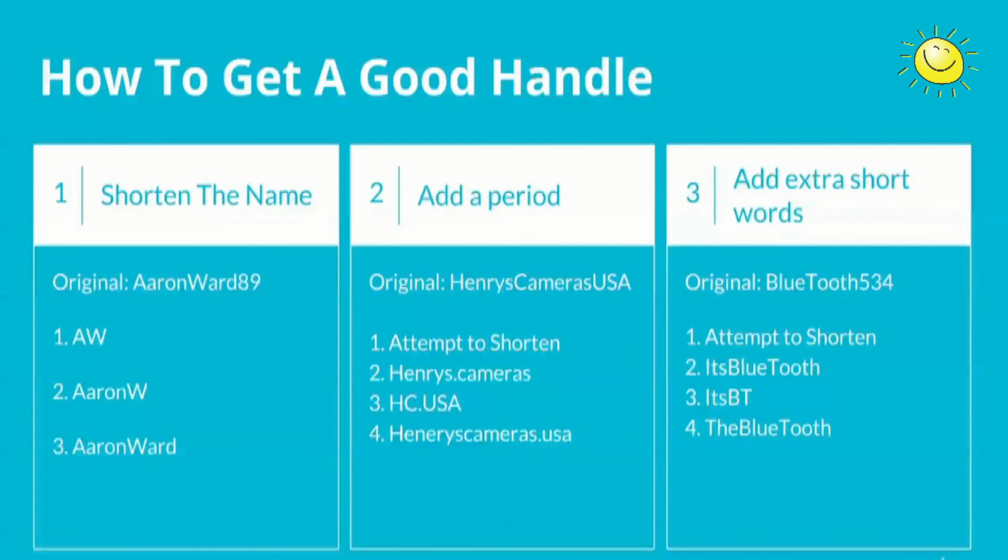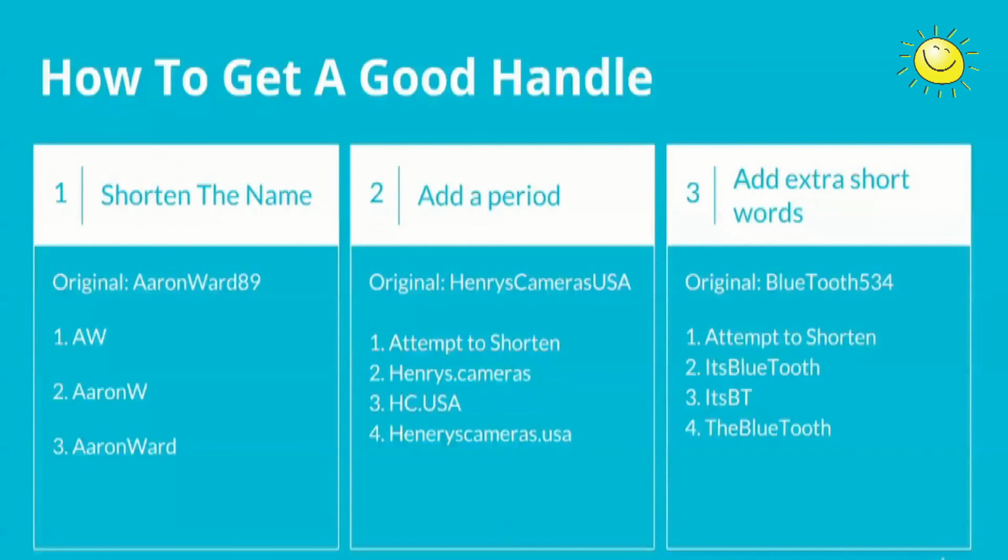Nothing's worked either. So what we can do now is add an extra word onto the front or even onto the end. But for this example, we just have the front. We could try it's Bluetooth, it's BT, or the Bluetooth, for example. Or you can even have we Bluetooth, if you're really struggling on finding a name. But the ultimate goal is to make this handle as simple as possible and really easy to remember.